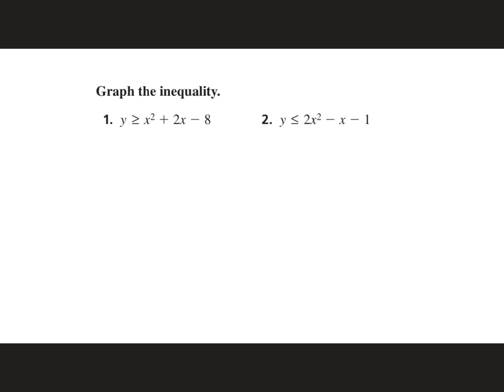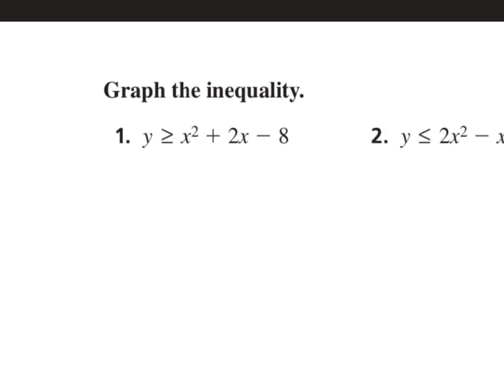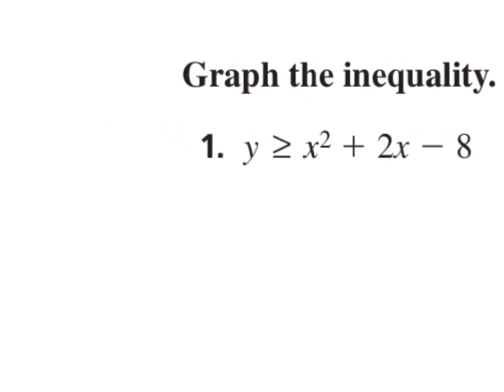For the next two examples, we're actually going to have to graph, so we need to remind ourselves, how did we graph parabolas? Well, these are in standard form, so I use my negative b over 2a formula, where this is a, b, and c.